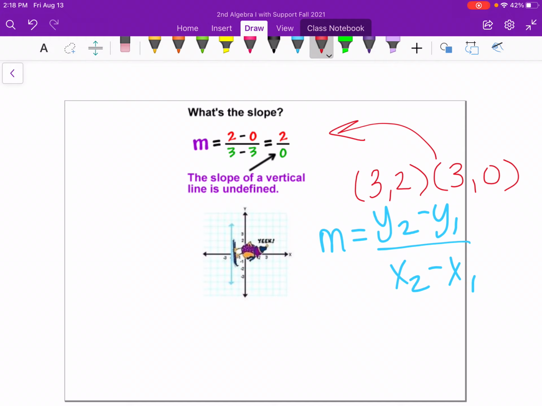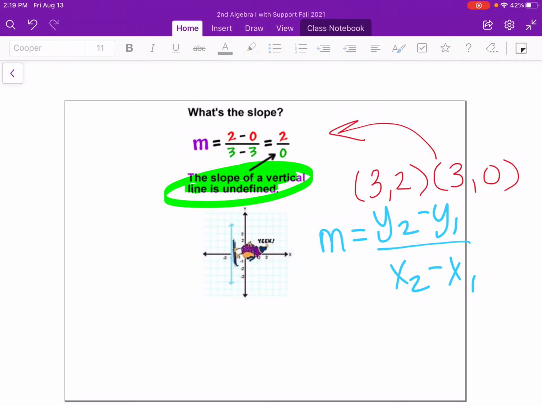So they did 2 minus 0 over 3 minus 3, and they got 2 divided by 0. Well, you can't divide by 0. It's not possible. You can't divide a pizza into 0 slices, right? You have 1 slice if you never slice up the pizza, but you can't slice the pizza up into 0 slices. So that's why the slope of a vertical line is undefined. Again, this is something that I would make sure that I remembered or understood.